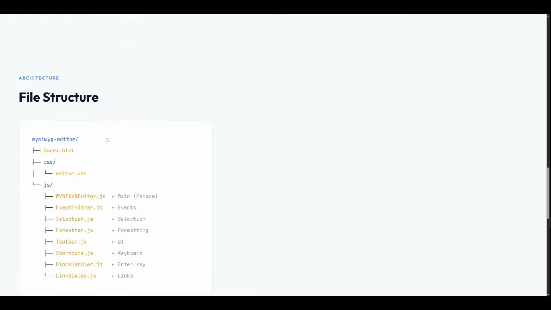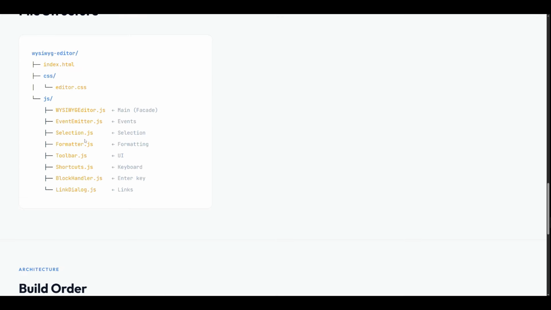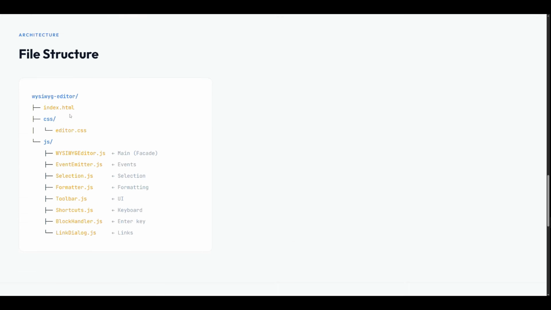And this is our folder structure. This is very important because this is what makes our project manageable. So we have one single HTML file, the CSS file, and a JS file for each module. So now we understand what modules we need and what the architecture of the project is. Now we need an order in which we are going to create all these modules.